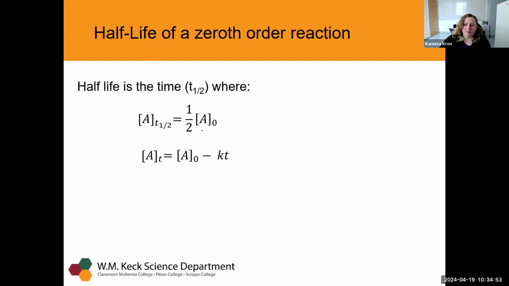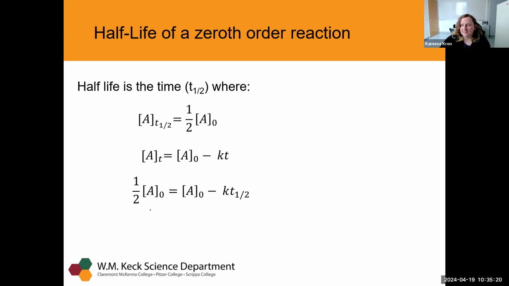So for a 0th order reaction, our integrated rate law is A of t is equal to the initial concentration minus k times time. So if I plug in 1/2 the initial concentration for A of t, and I plug in t equals 1/2, I get the expression that 1/2 of the initial concentration is equal to the initial concentration minus k t of 1/2.